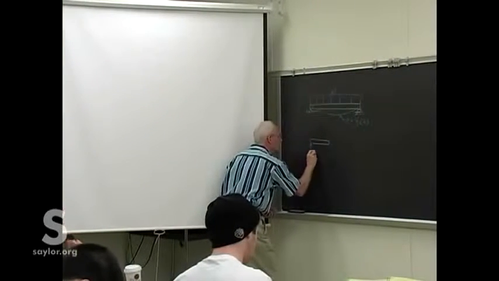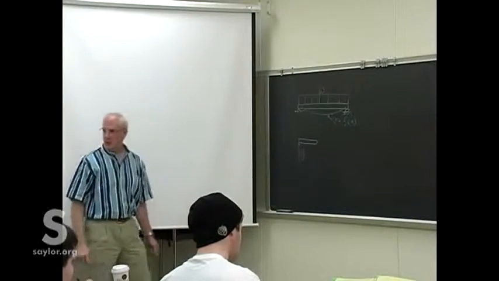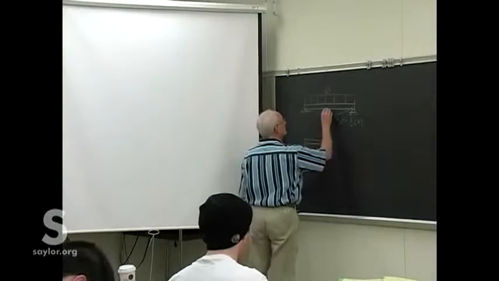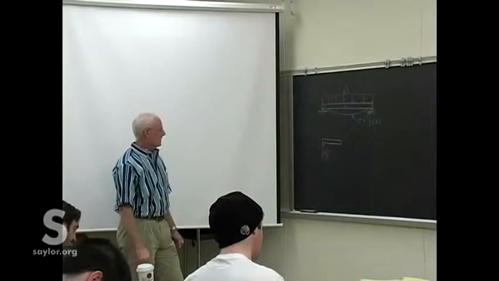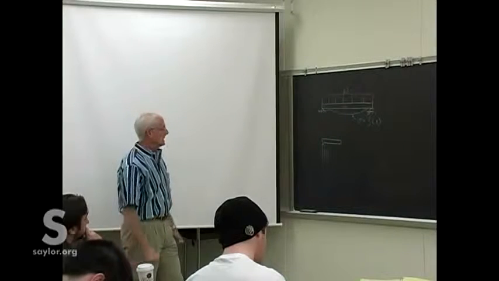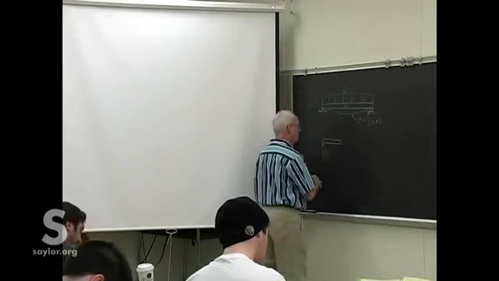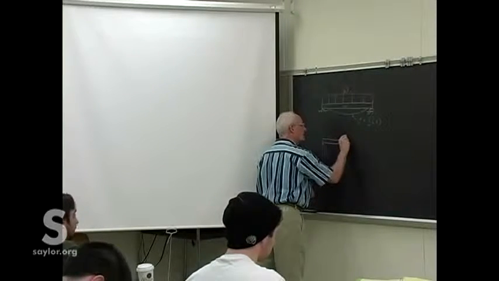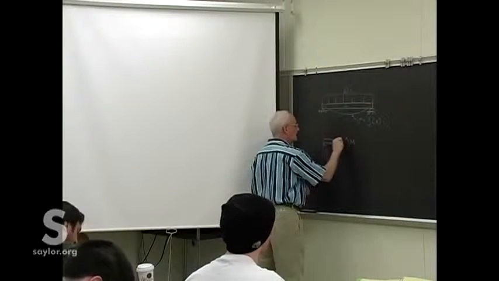We know this will be, by symmetry, half of the total load. The total load's omega times L. Oh, by the way, the length of the beam is L. So we know the total load's WL, and half of that will be on each reaction just because of symmetry. So we've got that reaction there. And some shear, we'll draw them in the positive direction.